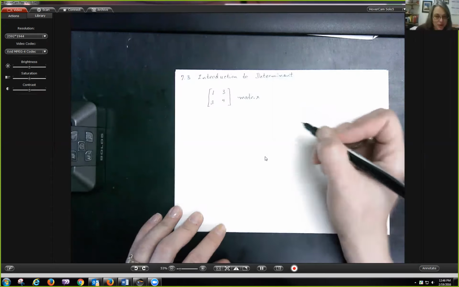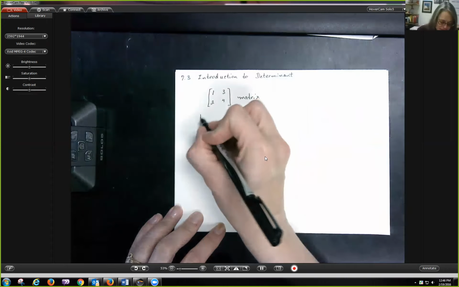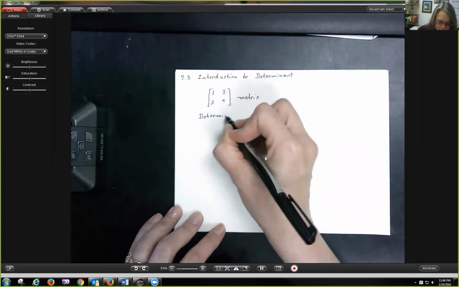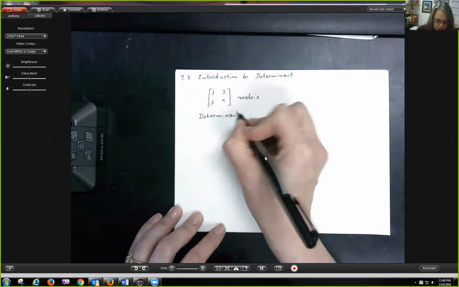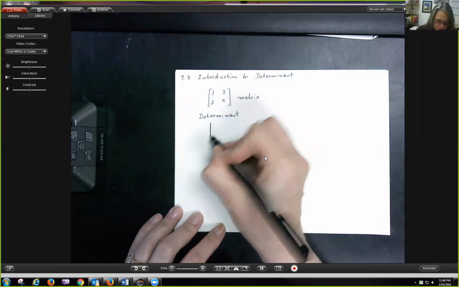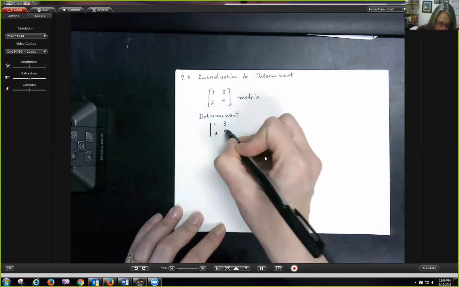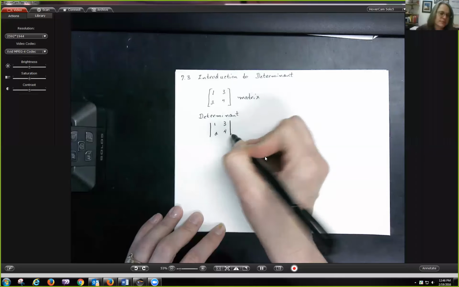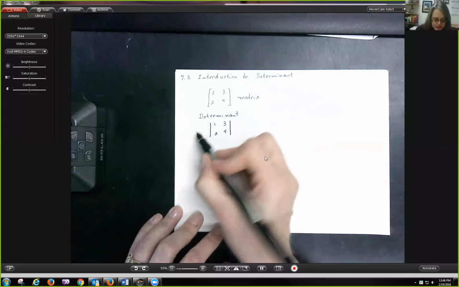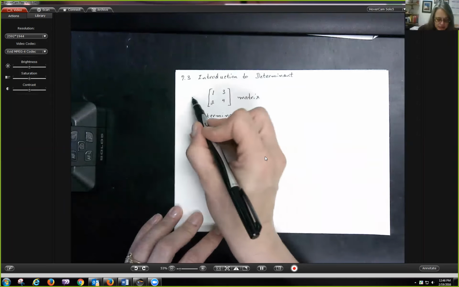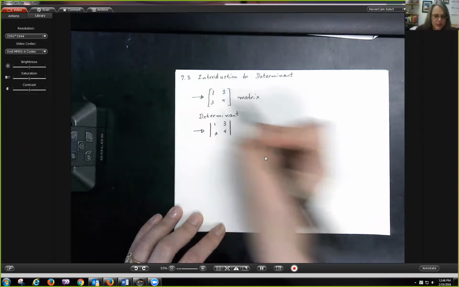But one of the properties of a matrix is the thing called its determinant. And we write that, instead of using the brackets, we use big, giant, absolute value signs. So this is the determinant of the matrix 1, 3, 2, 4.